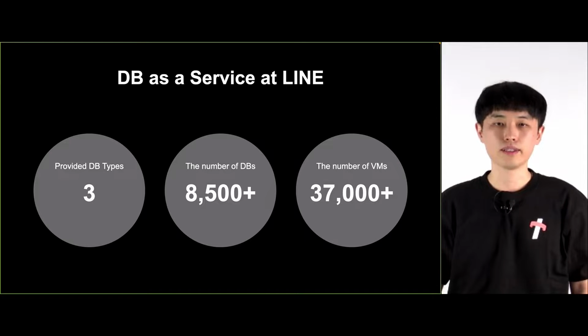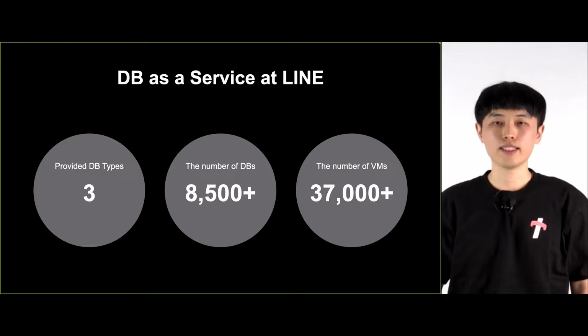And to enable these services, about 37,000 VMs are used, and they account for 35% of the total VMs used in Line. As you can see from the numbers within the line of services, we are using our DB. So it is our role to provide DB in a speedy and stable manner.